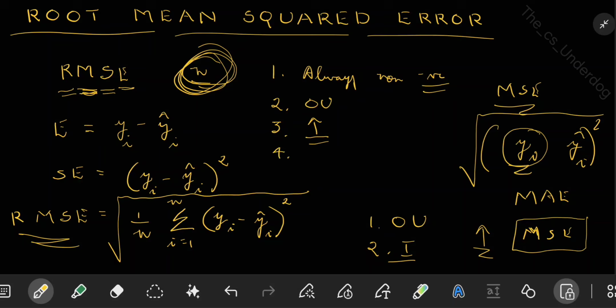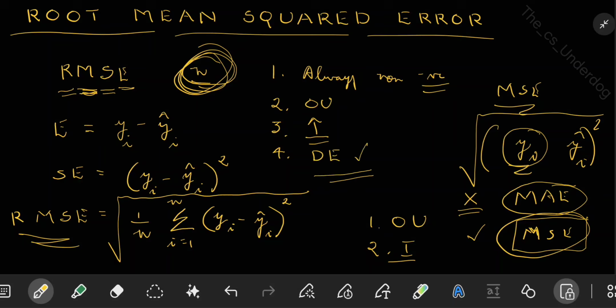One more advantage is, what if you differentiate it? In case of MSE, you had seen that it is differentiable everywhere. But in case of MAE, it was not differentiable at x equal to 0. Everywhere else it is differentiable, but at x equal to 0, it was not differentiable. What about RMSE? This is also differentiable everywhere. This is one major advantage.